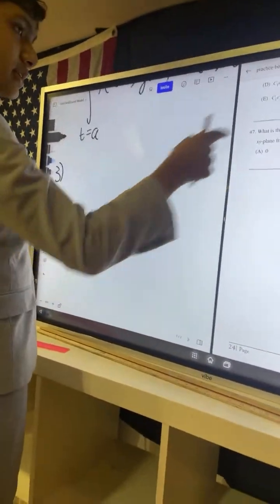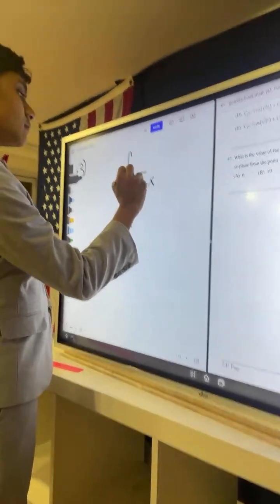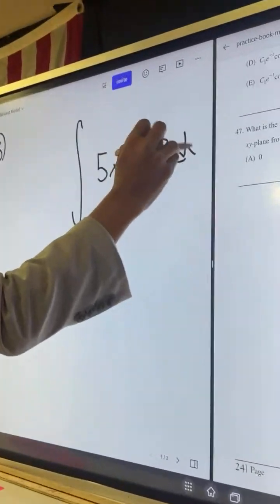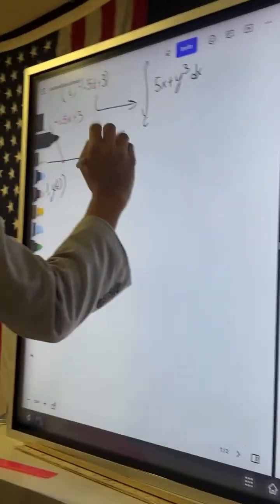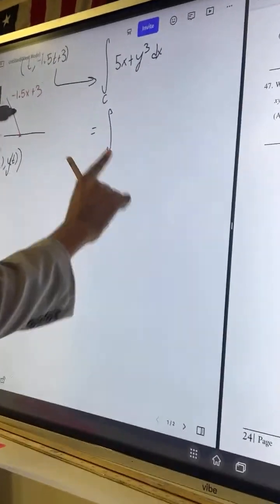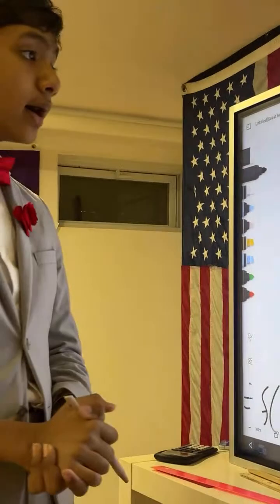So first, the dx part. What's this? Well, we plug in our parametrizations, and we get the integral. Well, we're integrating from what time to what time?